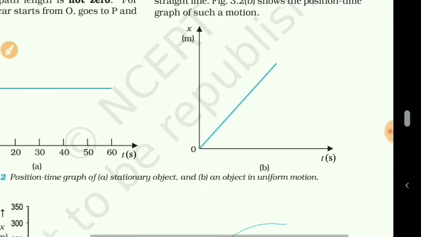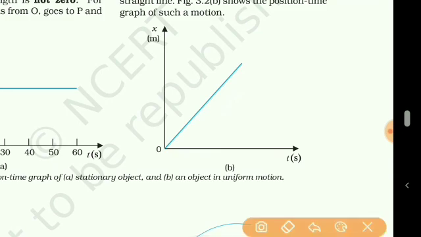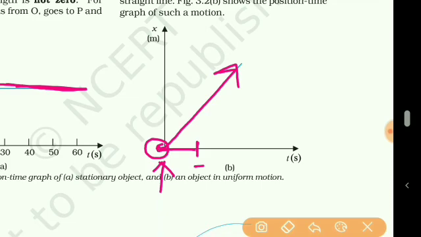Next example is given here. Again the graph is a straight line. Here also the graph was a straight line, but the object was stationary in that case. But here you can see that the particle, when the time is 0, is at the origin. Now suppose after 5 seconds the particle is here. From the graph we can say that it is at this position.